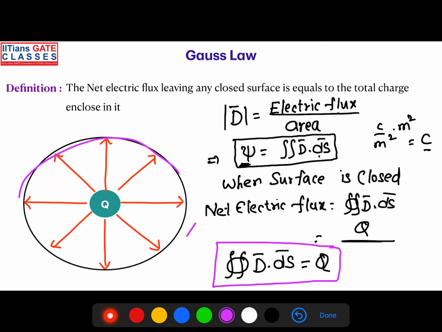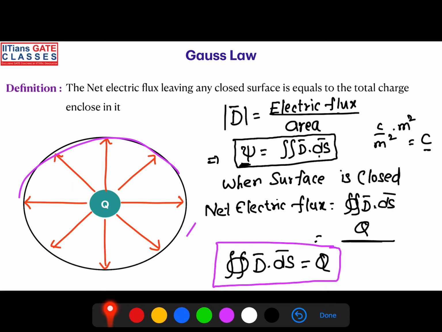In my opinion, Gauss, a famous mathematician cum physicist, did not want to talk too much, and his equation tells a lot of information. That is the powerful thing about this Gauss law.